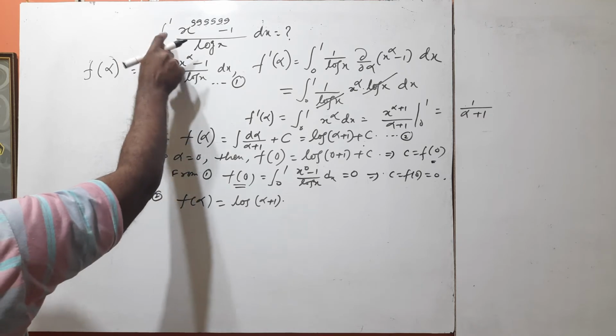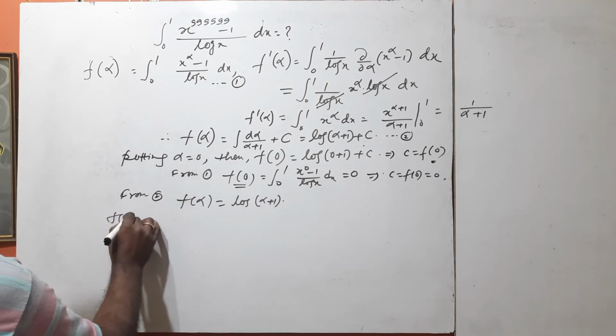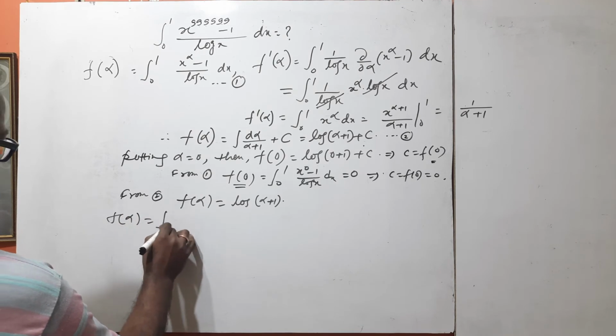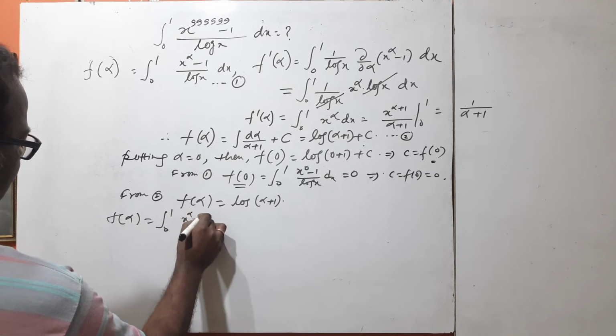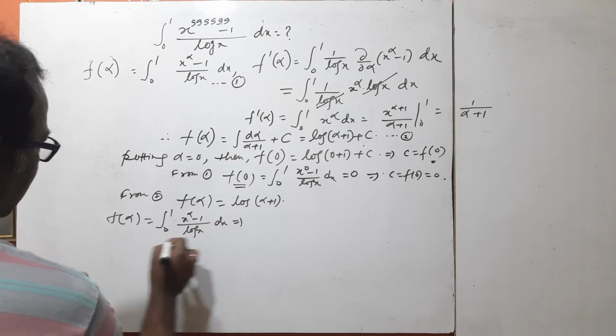For this condition, f of alpha is the integral from 0 to 1 of x to the power alpha minus 1 over log x, dx.